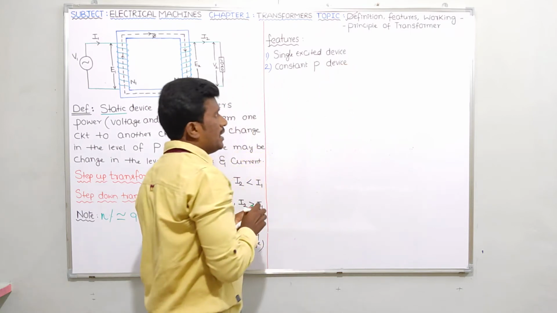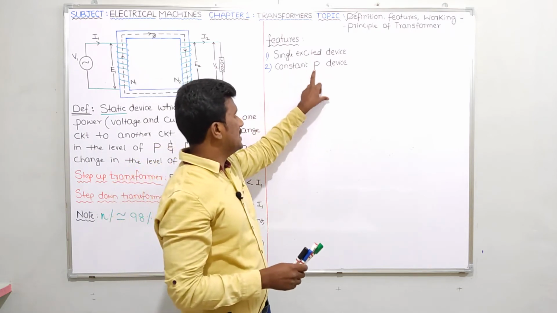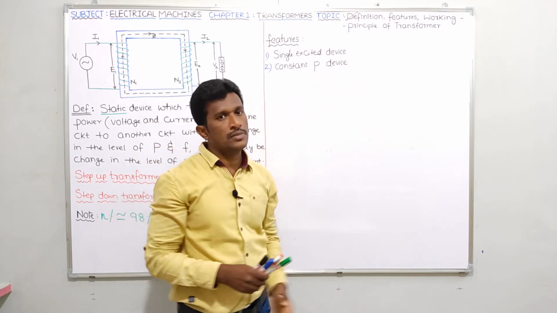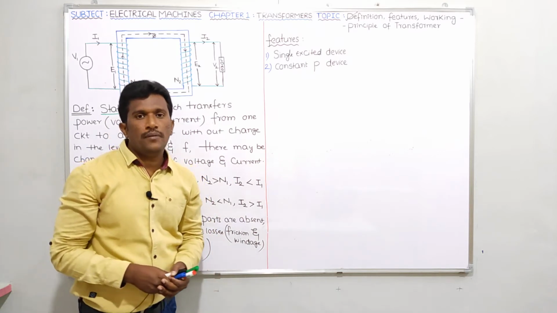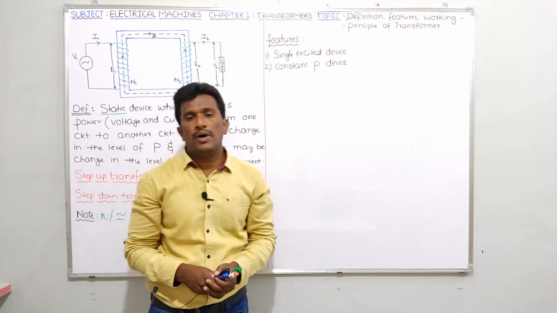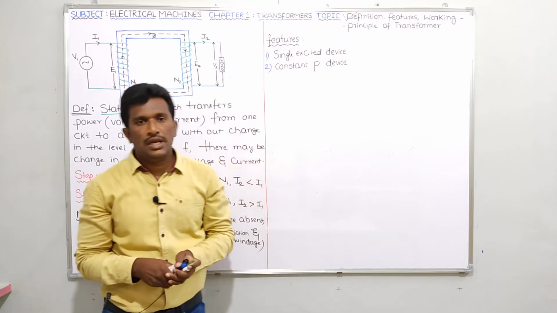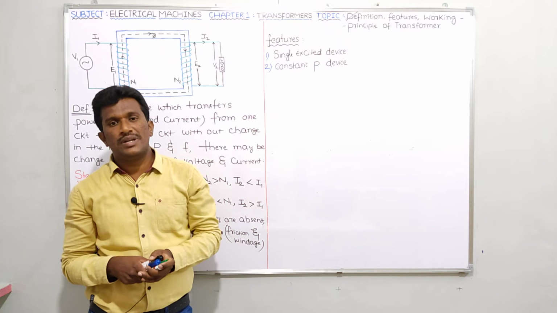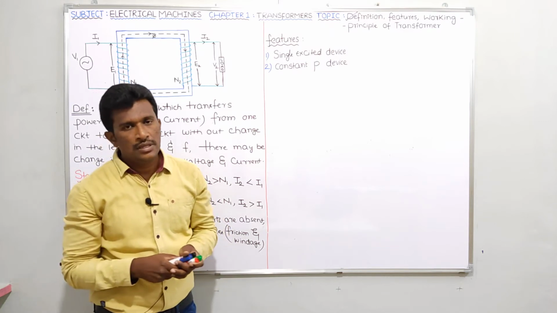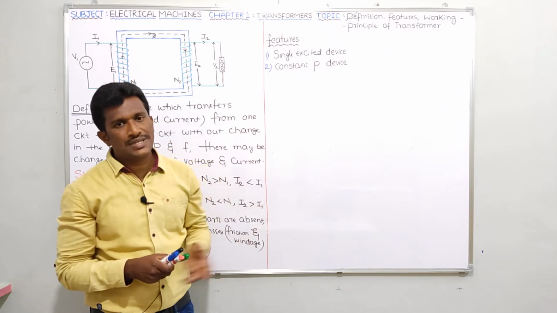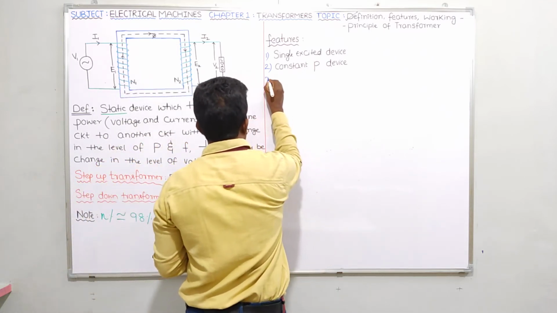Those who want an explanation, you can write in bracket after writing constant power device: since input power and output power is the same ideally. That is the reason why we call transformer a constant power device. Is it clear?